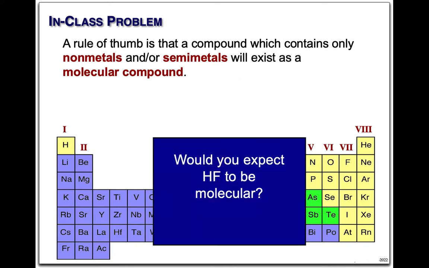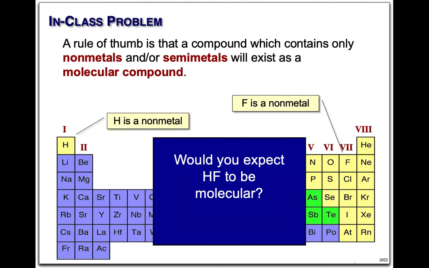Hydrogen fluoride. Hydrogen's on this side of the periodic table, but remember, it's unique because actually it can be either a metal or a nonmetal. But typically we think of it as a nonmetal. This is a nonmetal. Fluorine's a nonmetal.